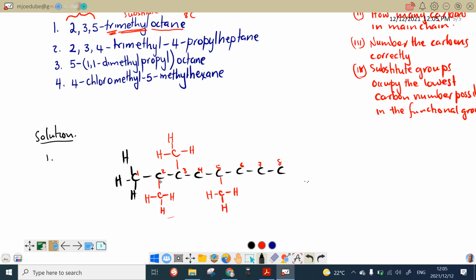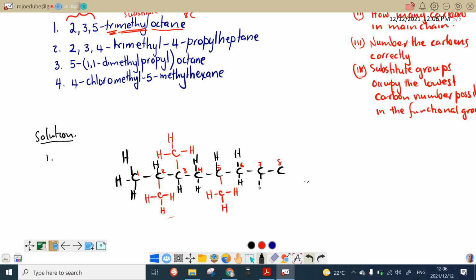So here there's 1, 2, 3, and so I'm short of a hydrogen here. Here I've got 1, 2, 3, 4 bonds, short of a hydrogen. Here I'm short of 2. And then here I've got 1, 2, 3, my 4th bond. And then another 2 here.